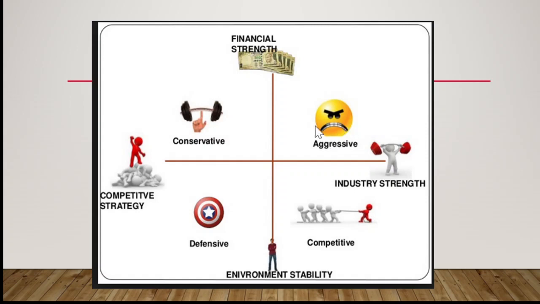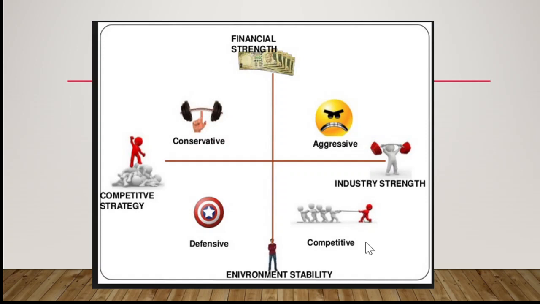But yung aggressive quadrant natin usually occurs when all dimensions are positive. Okay, so the implicit strategy is to aggressively grow the business, raising stakes for all competitors, if we fall into this quadrant.